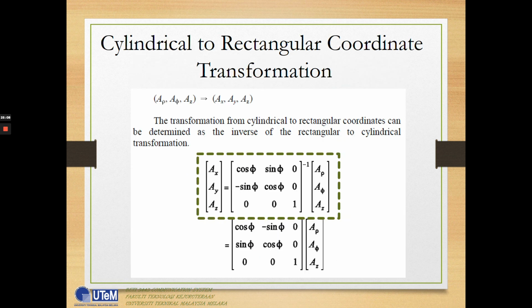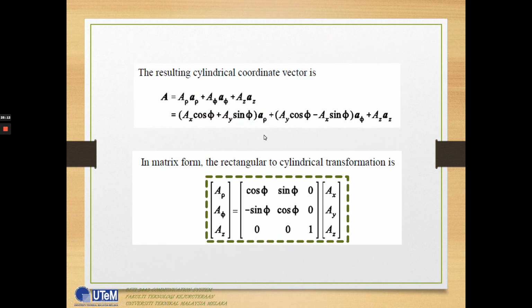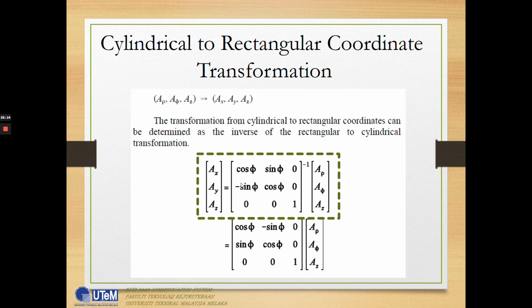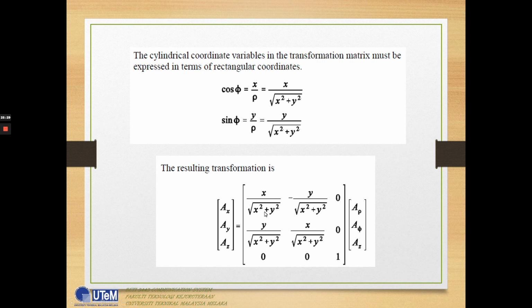Now we move on to one more thing. If you want to find out x, y and z, you cannot have any phi or rho element.